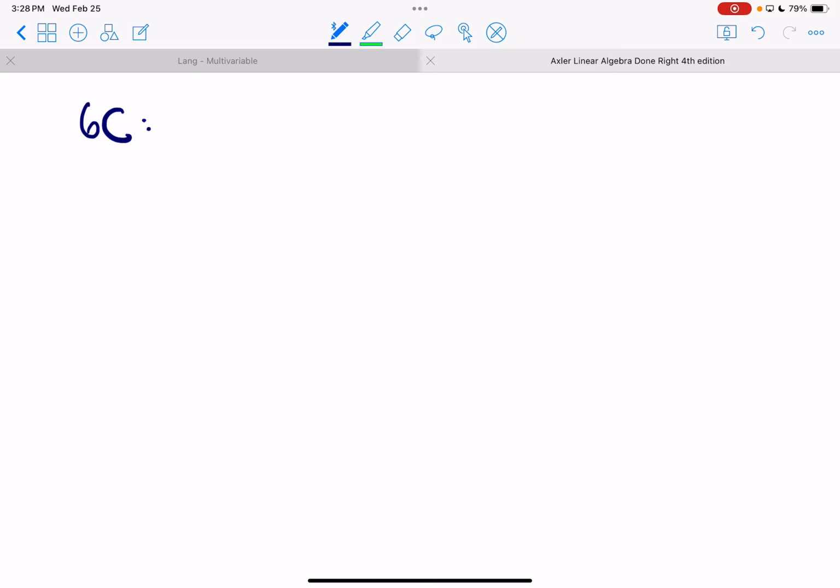6c. What is U perp? Well, the way we say this is U perp, for perpendicular. So I could say it in words first. How would somebody like to try to say it in words?